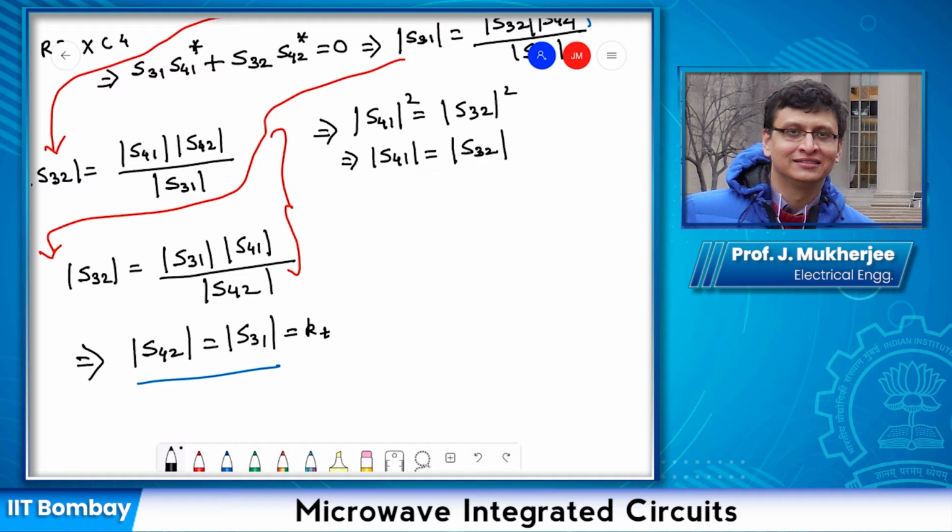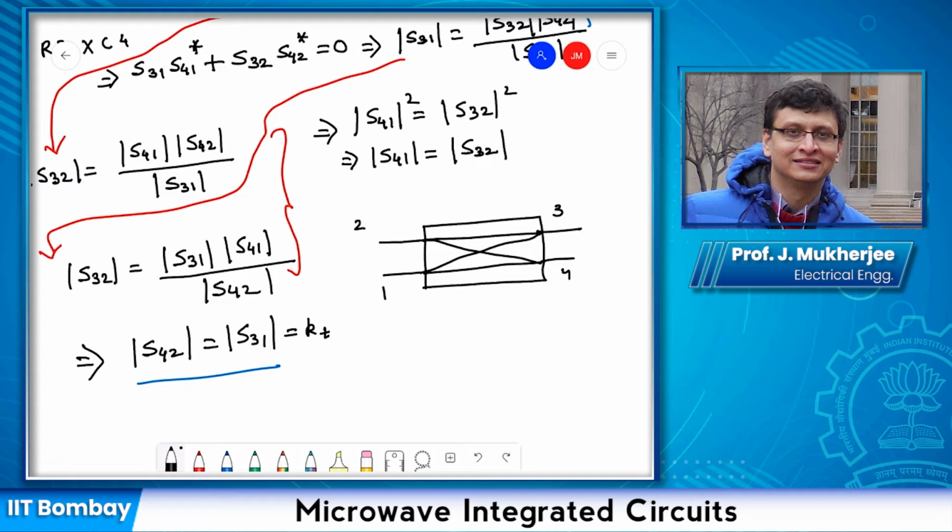Now why? What does that T in the subscript signify? Let me redraw the symbol for the coupler. So here the power that flows from input to the through port is dependent on this quantity.